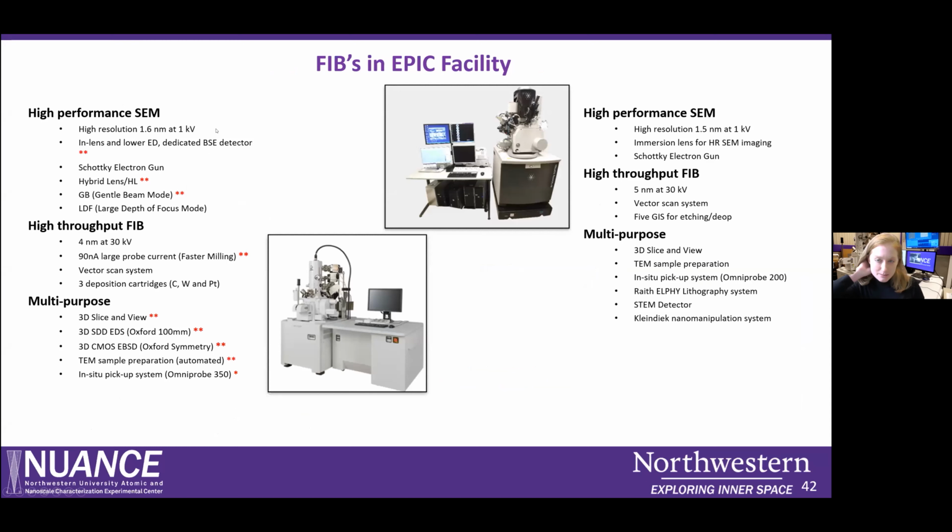Everything that's starred in red is a new capability in the lab, but we do have another focused ion beam instrument in the lab that has additional capabilities, like the Raith ion beam lithography system, or the Klocke nano manipulation system. It also does 3D slice and view, and it actually has a STEM detector, so you can do low kV STEM imaging with the SEM in that FIB as well.